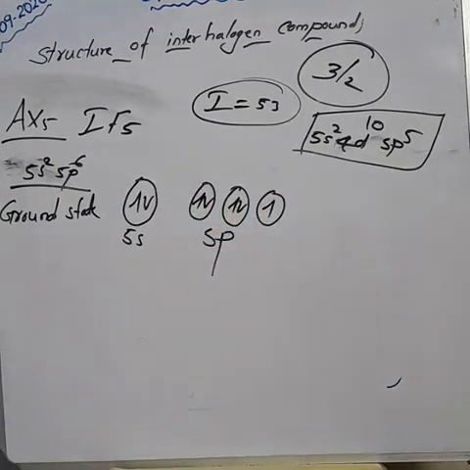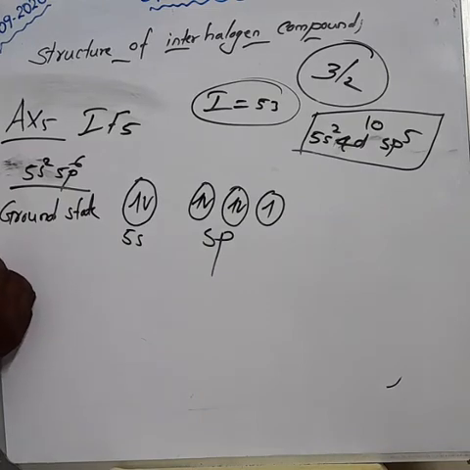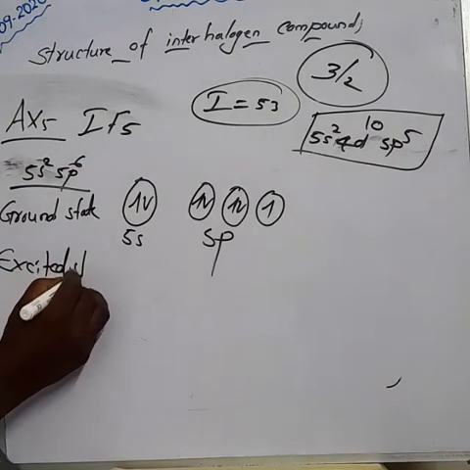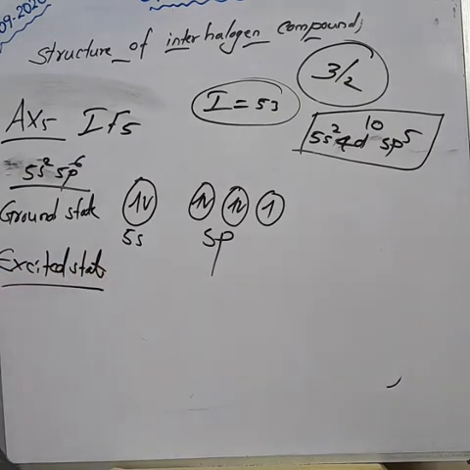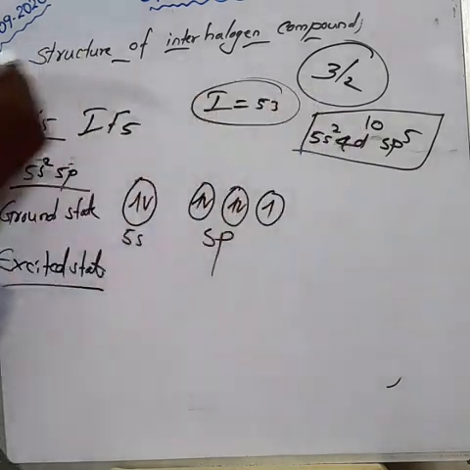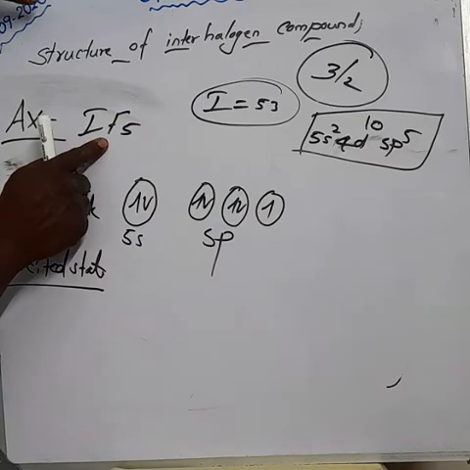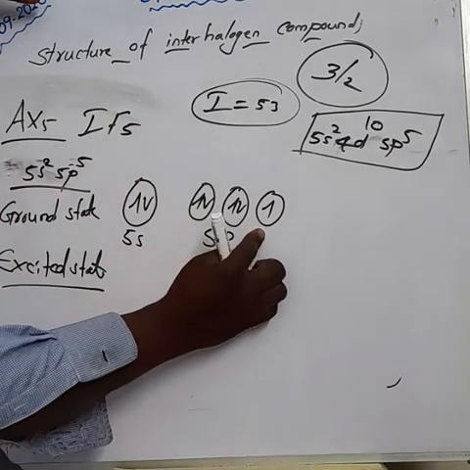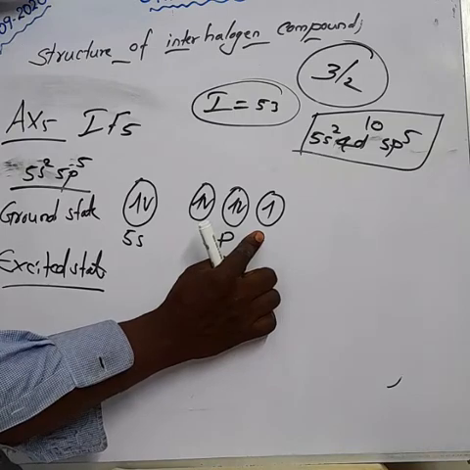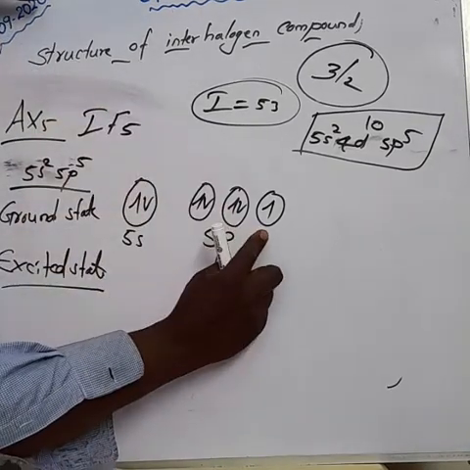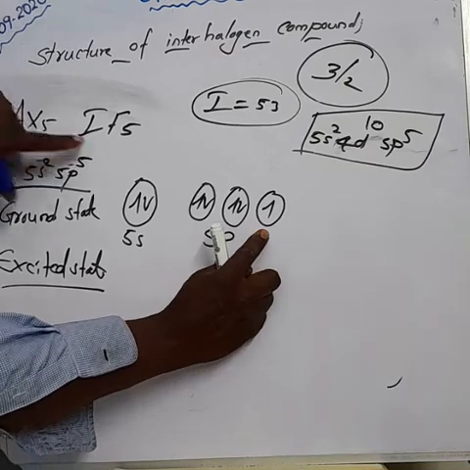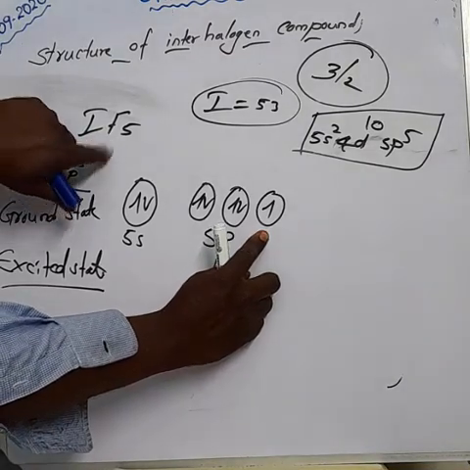Okay, next about hybridized state, excited state. 5p5, okay, not 6, 5p5. Here 5 fluorine atoms are there. Here having only one vacant. We can be attached to only one fluorine atom. Here having 5. So we need 4 more, am I right?